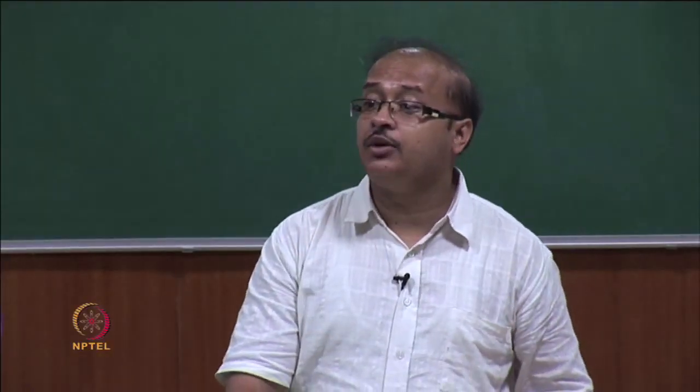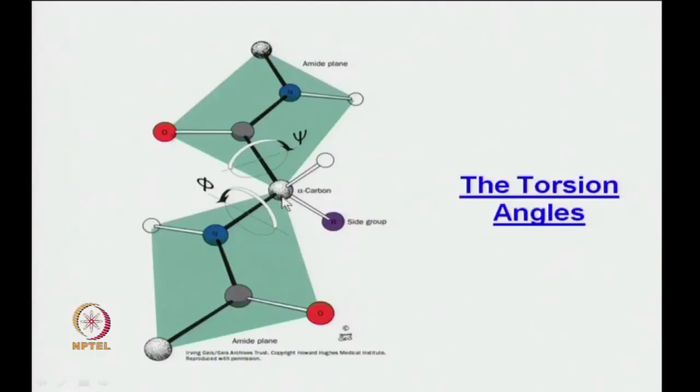This alpha carbon is very important because it is like a hinge, a pivot point around which both these planes can rotate. So, this one is restricted, this one is restricted too, because the C-N peptide bond has double bond character and cannot freely rotate. However, these two planes are hinged at one point, which is your C alpha, and around this C alpha they can freely rotate.